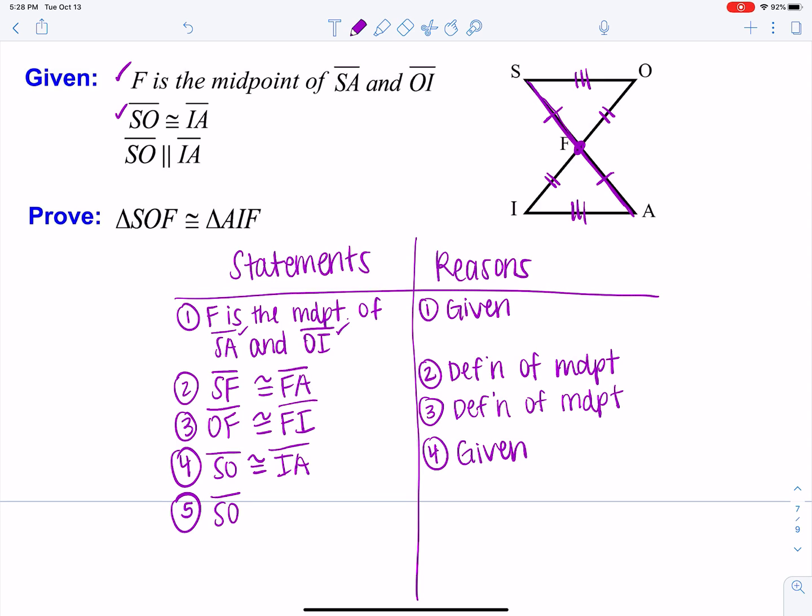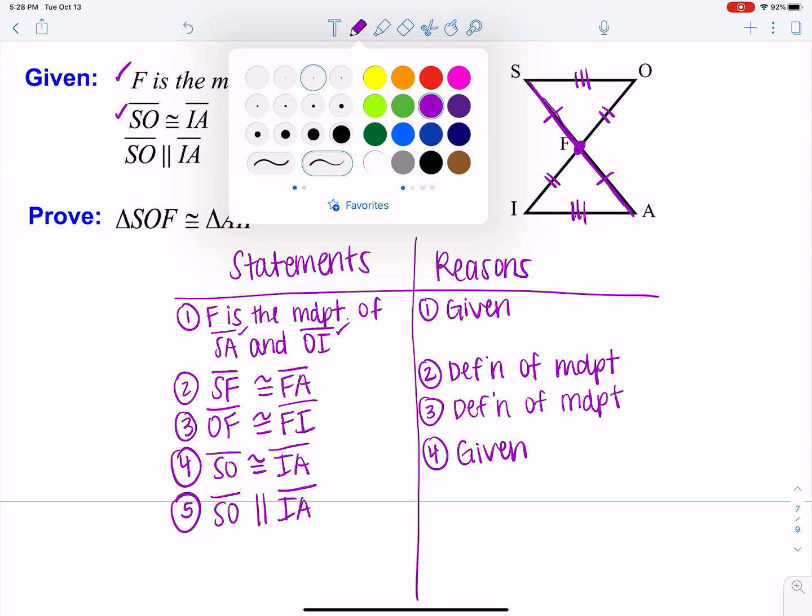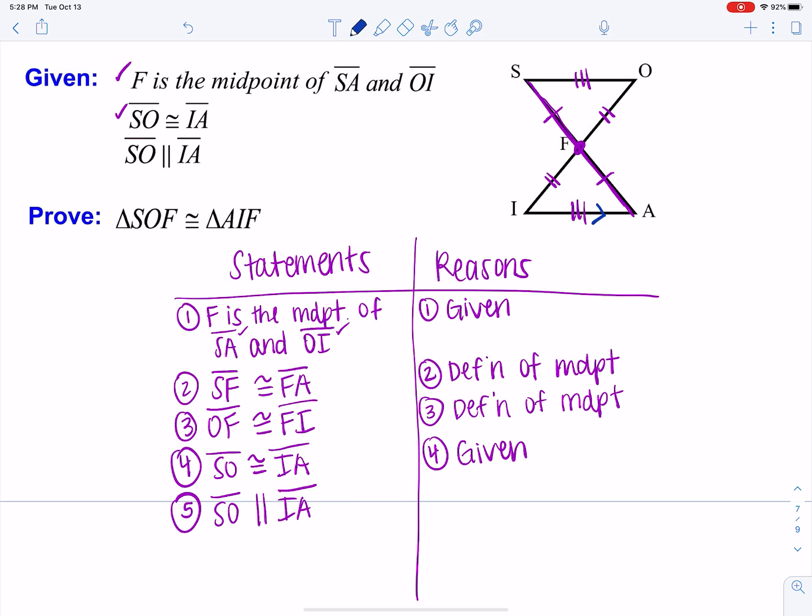Segment SO is parallel to segment IA. I'm going to use a different color here, and we need to mark that in our diagram. We mark parallel lines with arrows in the middle of the segment. So if I think about, let me get back to my pen, this set of parallel lines, I see two possible transversals here.